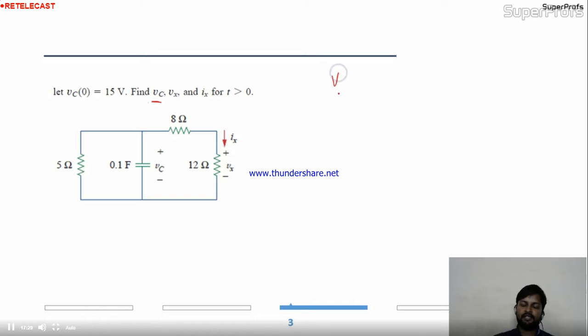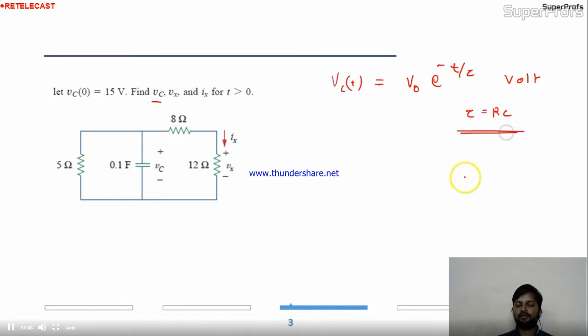So we already saw that Vc(t) is nothing but V0 e to the power minus t by tau volt, right? Where tau is nothing but RC, correct? So how to calculate RC? Tau is calculated with respect to the capacitor always. Means across these 2 points A and B, calculate the equivalent resistor of the circuit.